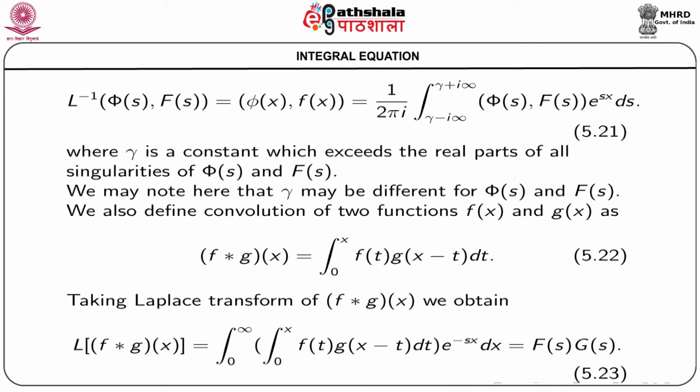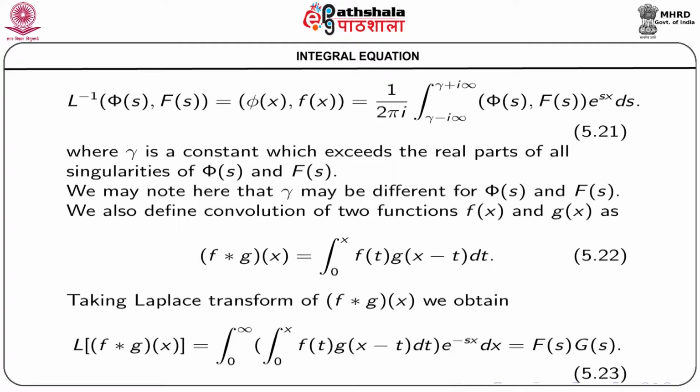If we take Laplace transform of convolution of small f and g, we denote it by the notation L of f star g x, which is given by a double integral.